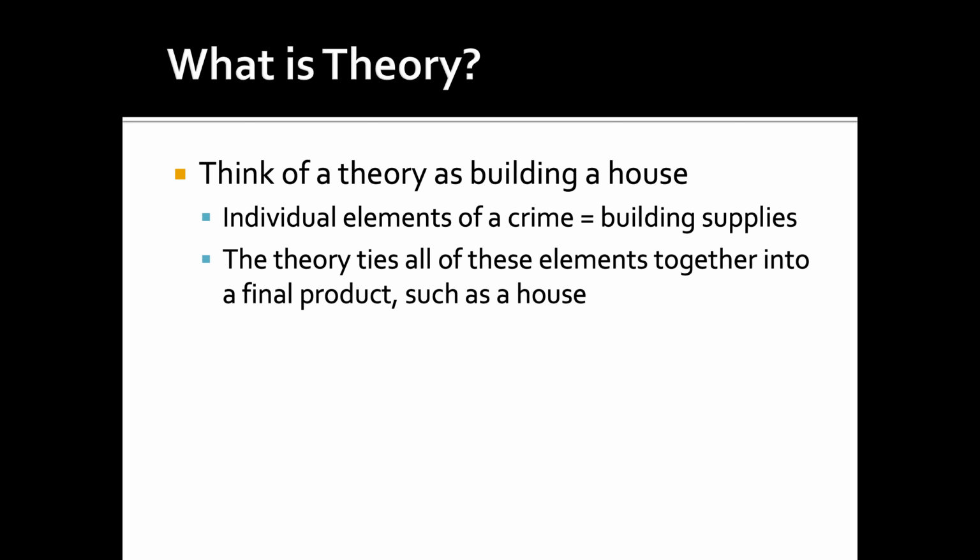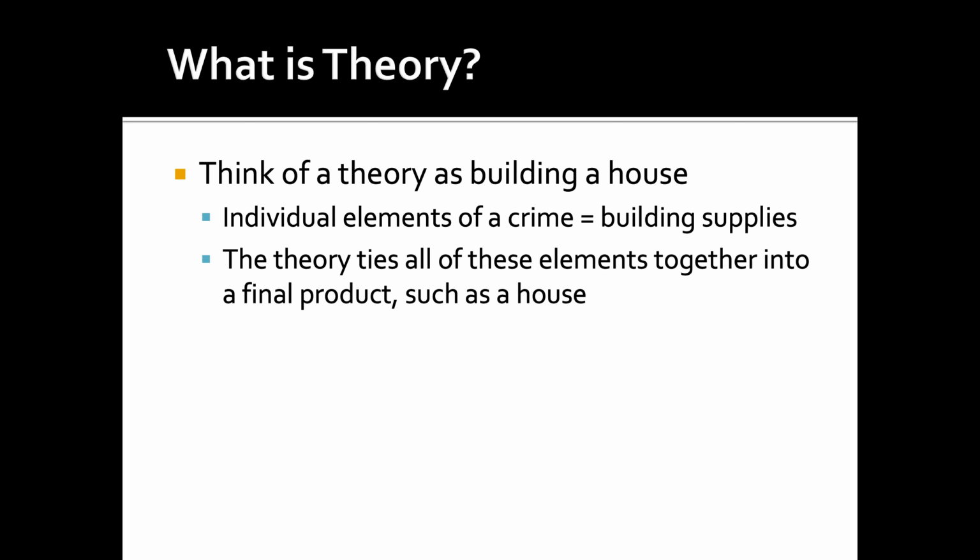So now we need to get into theory. So what is a theory? What I want you to think about is, think of a theory like building a house. There are a lot of individual elements to a crime. That can be your motivation, your upbringing, perhaps an addiction like drug addiction or alcoholism being present, etc. One of them is, we know mostly men commit crime. So that's an element there.